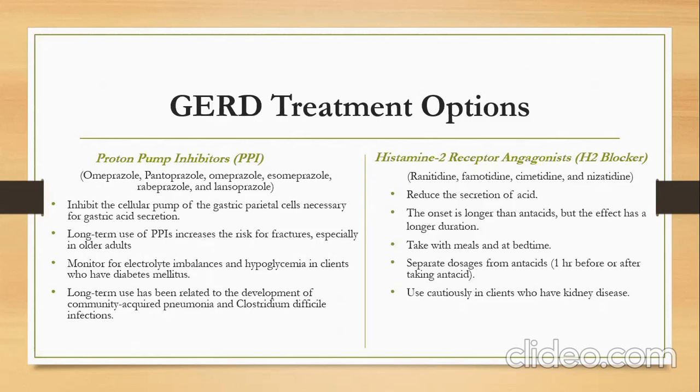Long-term use increases risk of fractures, especially in older adults. So we don't like to use them unless absolutely necessary. Again, remember, everything in medicine is all about risk versus benefit. So are you never going to see an elder adult on Protonix or Prilosec? No, you probably will see them.